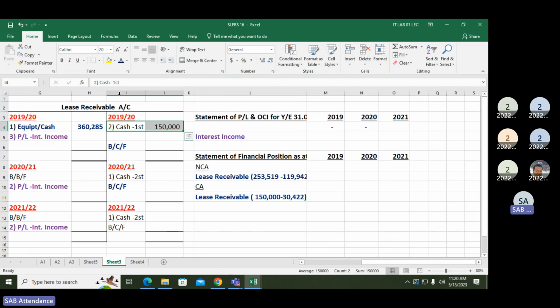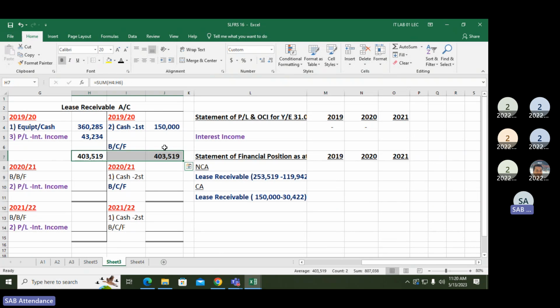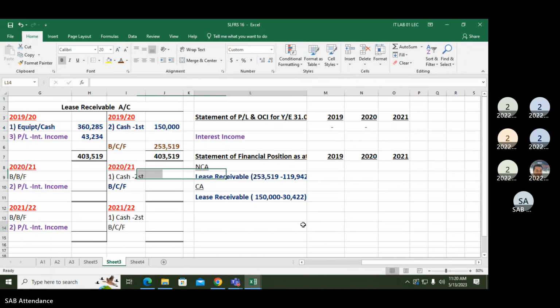Now we need to look at the interest income, the opposite entry. Opening balance into 12%. So the carried forward balance is 253,590.